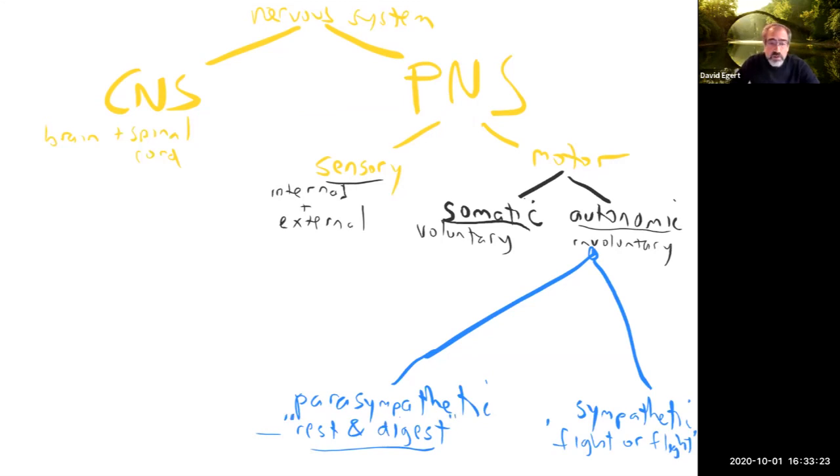In general, they have kind of antagonistic behaviors. Parasympathetic is the things that tend to be about maintaining homeostasis, slowing down your heart. Sympathetic is that fight or flight: speed up your heart, dilate your bronchioles so you get lots of oxygen down into your lungs, dilate your pupils so lots of light's coming in so you can see what's going on.